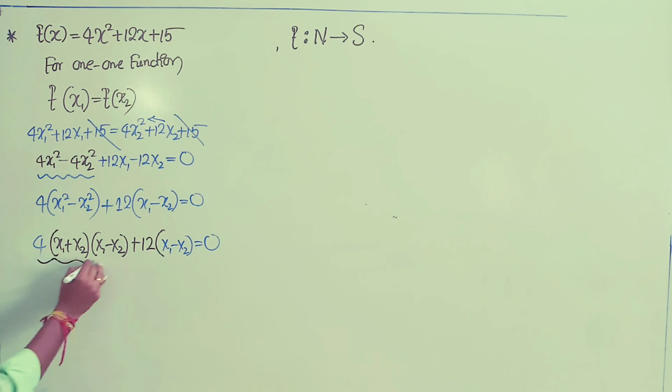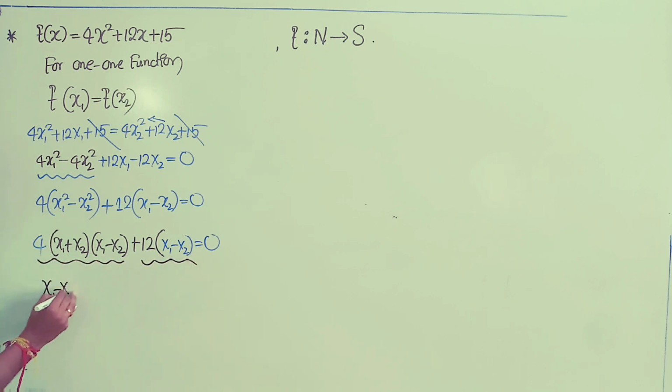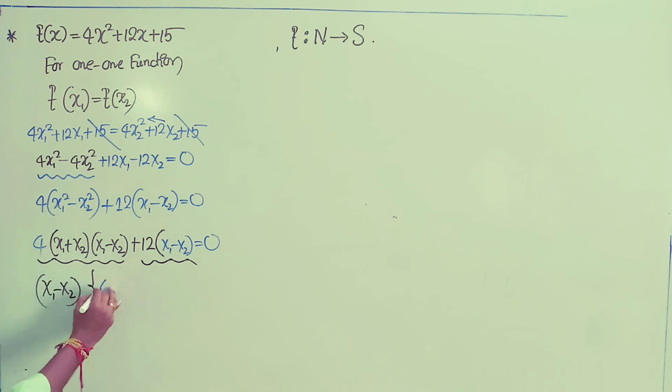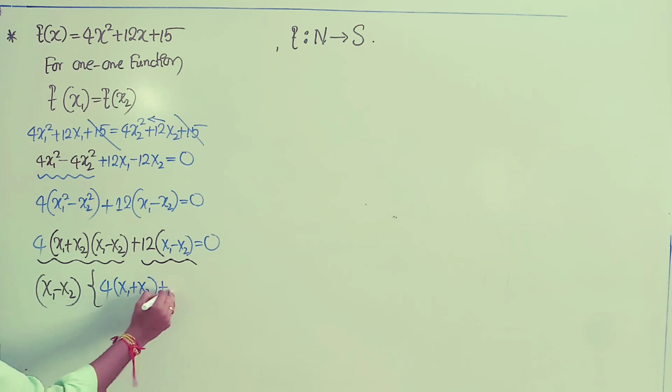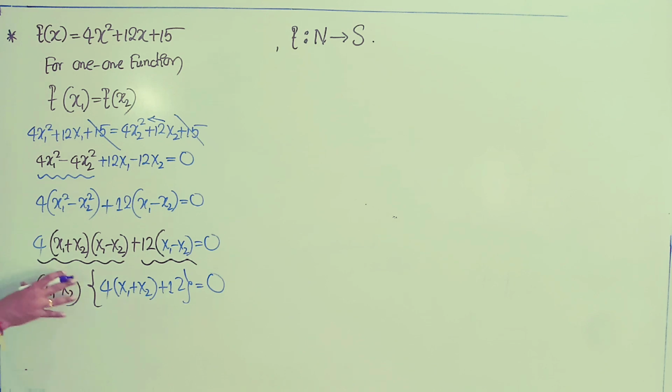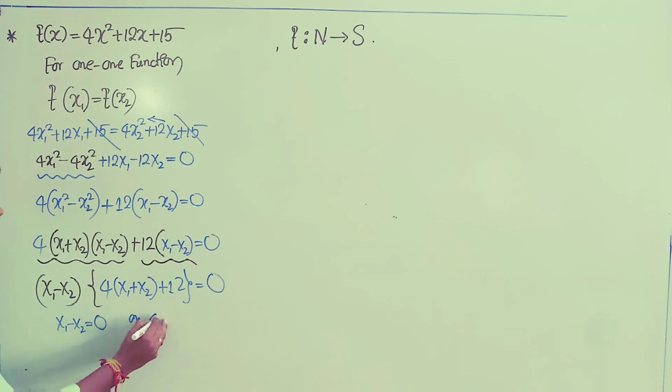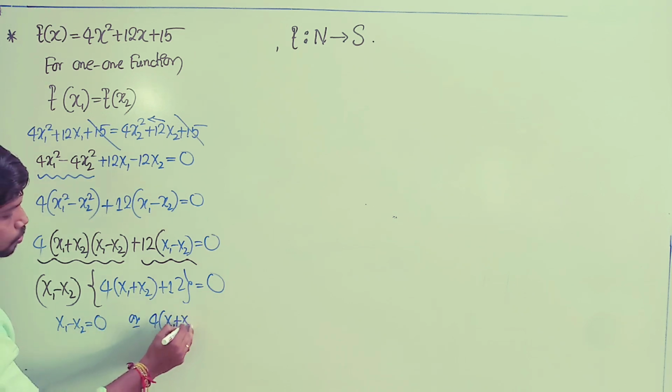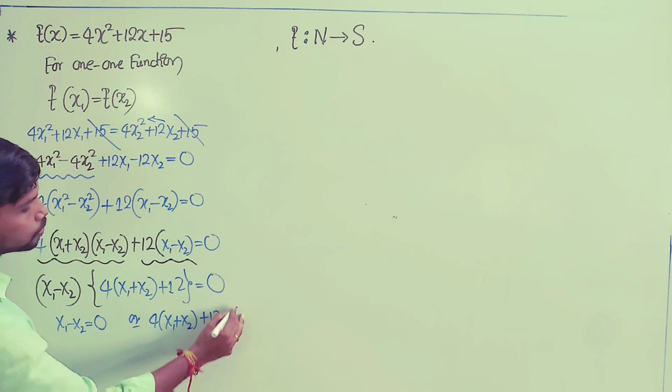Between the first and second term, what's the common term? x1 minus x2 is the common term. What are the remaining terms? 4 remained, x1 plus x2 remained, plus 12 remained. Got the point clearly? It is equal to 0. Means in this equation either the first term is 0 or the second term is 0. Either x1 minus x2 equal to 0 or 4 times (x1 plus x2) plus 12 is equal to 0.